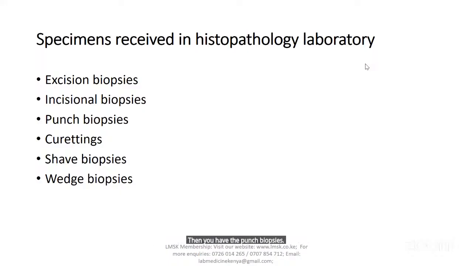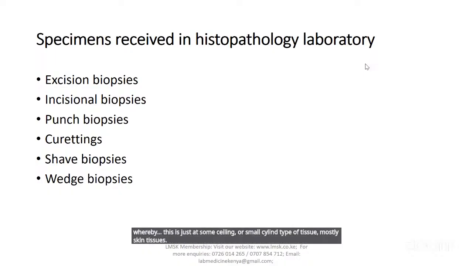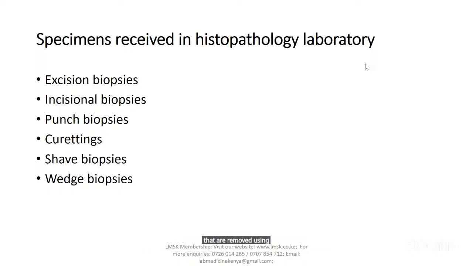And the punch biopsies are small cylindrical pieces of tissue, mostly skin tissue, that are removed using a cylindrical tool. And then we have the curettings. Curettings are samples that are obtained through the D and C procedure.